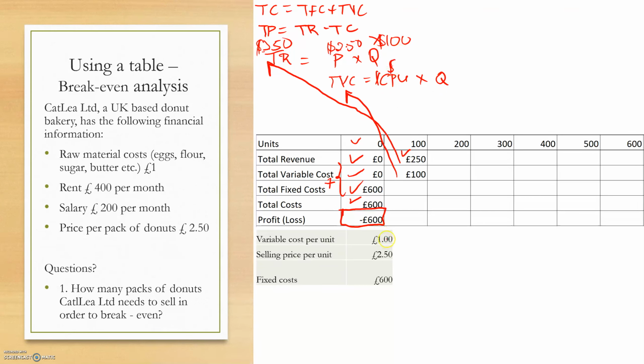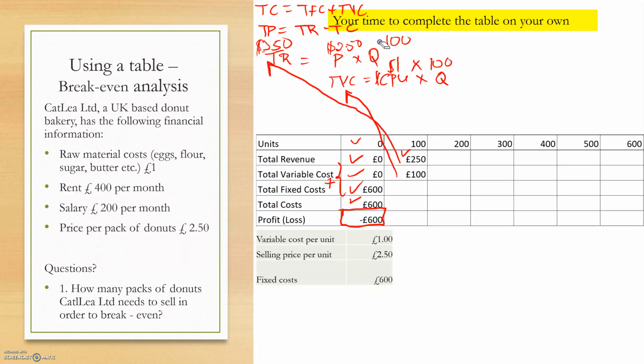So 1 pound times the quantity, in this case 100. Pretty easy. So £1 for the variable costs per pack of donuts times 100 packs of donuts, and that gives us 100. You can see that here.